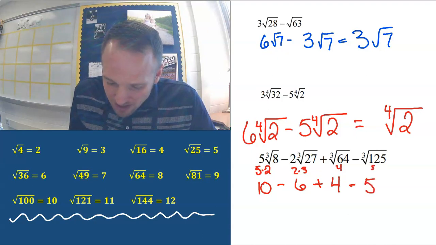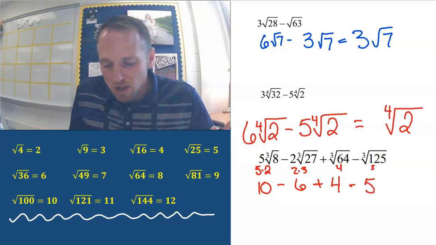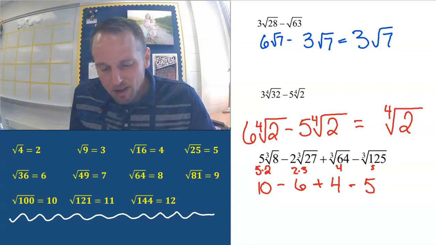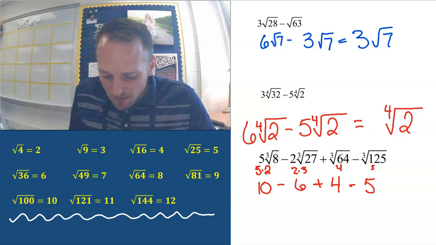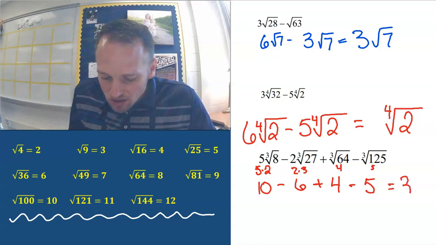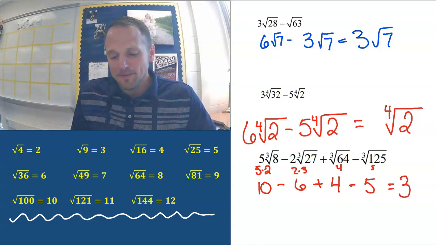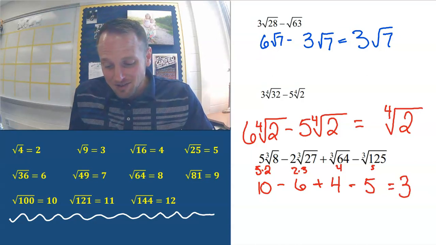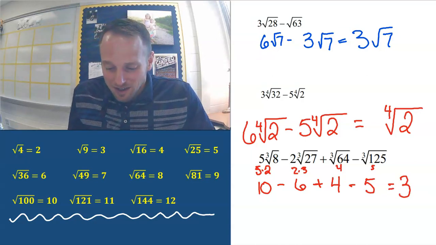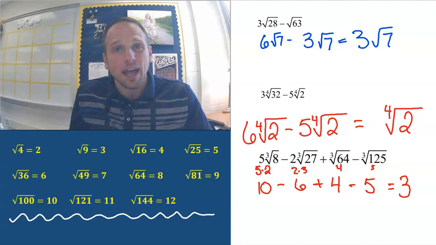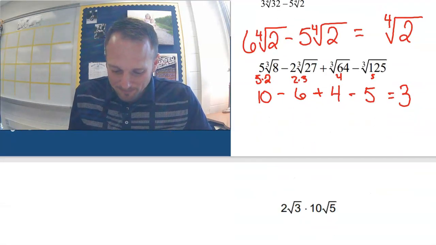So what we've got is 10 minus 6 plus 4 minus 5. So let's see. 10 minus 6 is 4, plus 4 is 8, minus 5 is just 3. All right, that is our answer, and that's just fantastic that it worked out so easy. That wasn't bad at all.